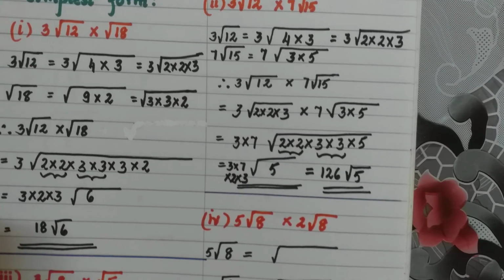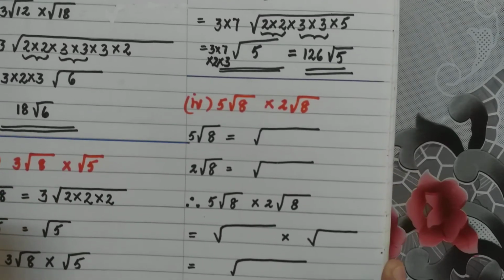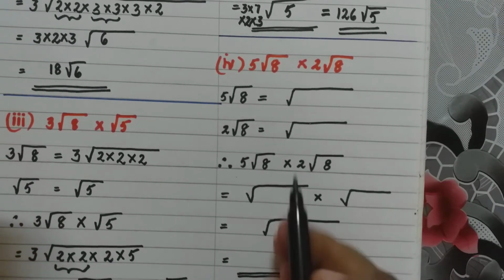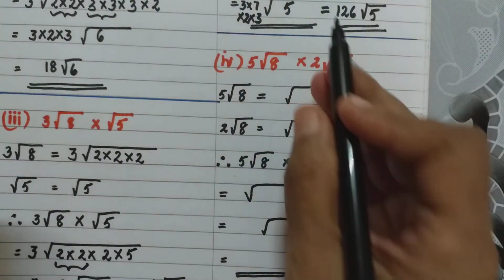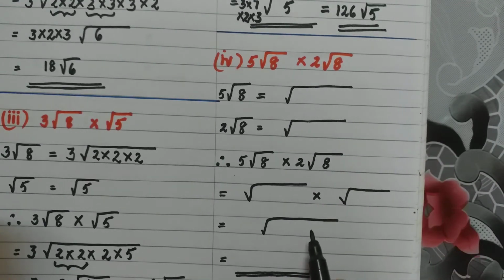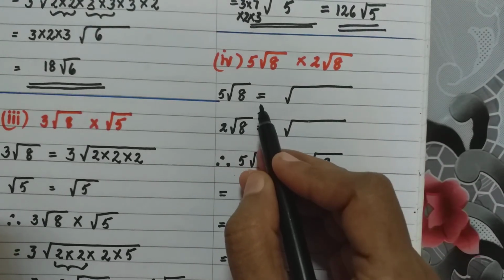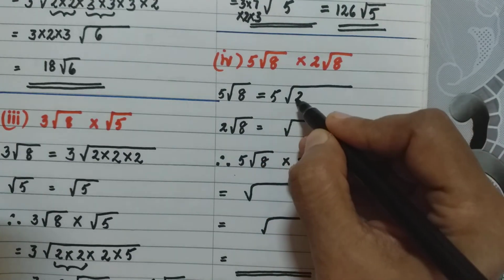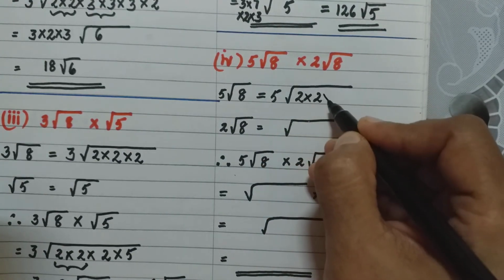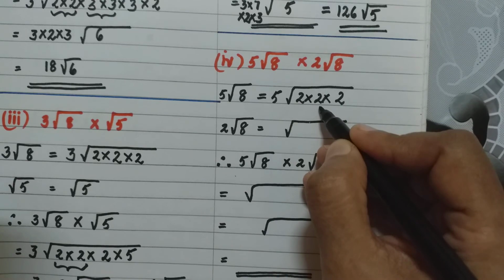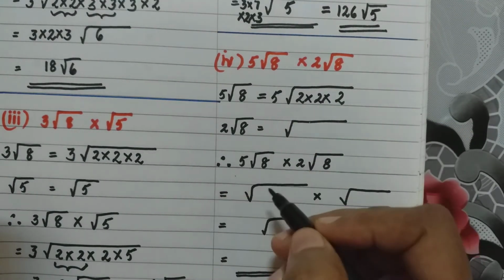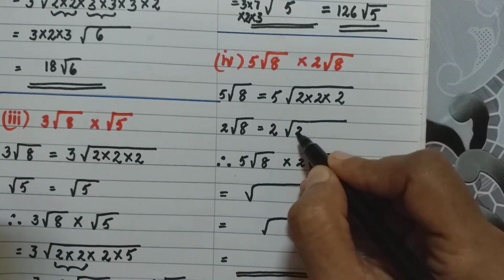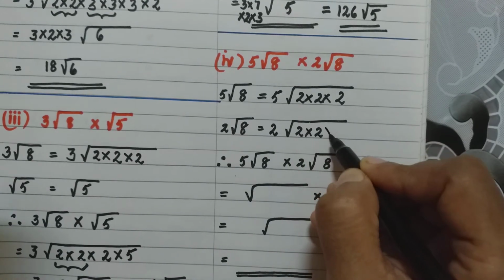Now going to the fourth question, you see that again the fourth question is similar to this second question. So we'll see how we do it. 5 square root 8. So this becomes 5, 2 into 2 into 2. 2 into 2 is 4, 4 into 2 is 8. In the same way, 2 square root 8 will be 2, then 2 into 2 into 2.